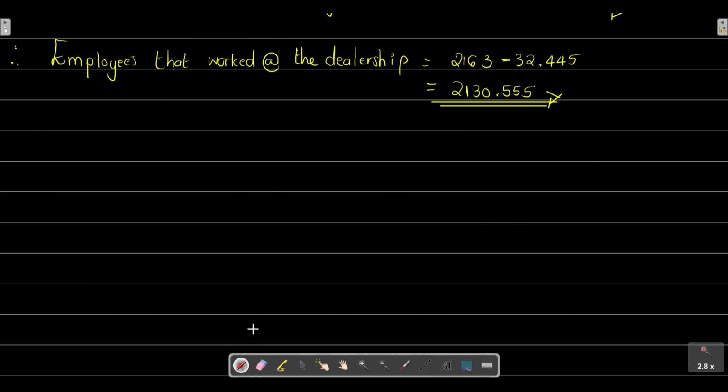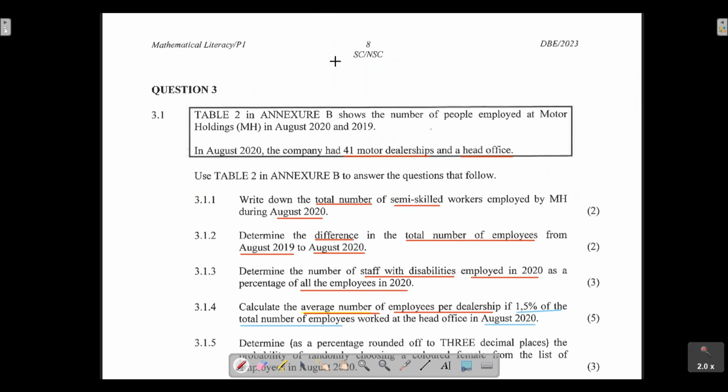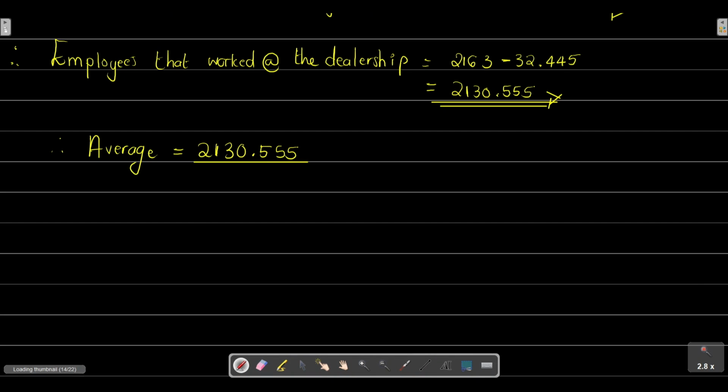So the average is equal to, we calculated that the total number of employees that work at the dealerships is 2130.555, divided by the total number of dealerships. When the question started off, it told us that we have 41 motor dealerships and one head office. So it's going to be 41.